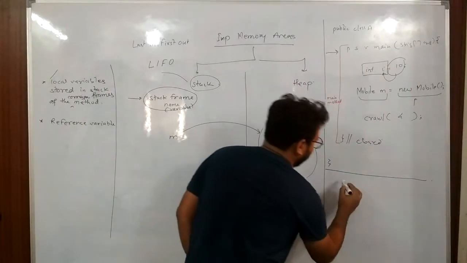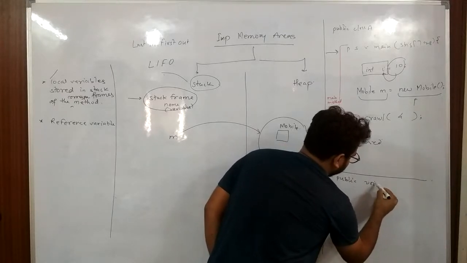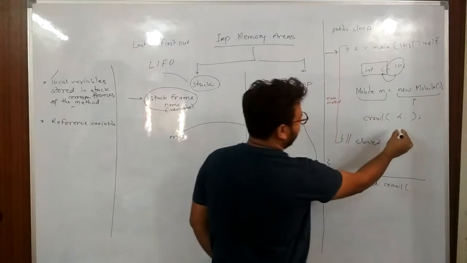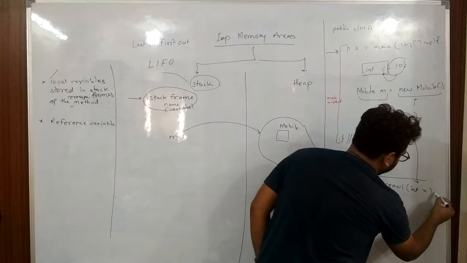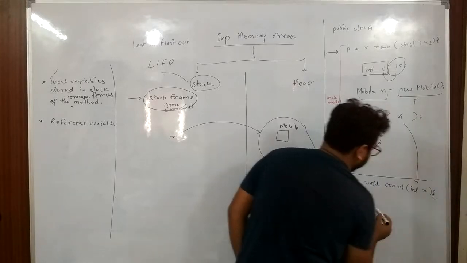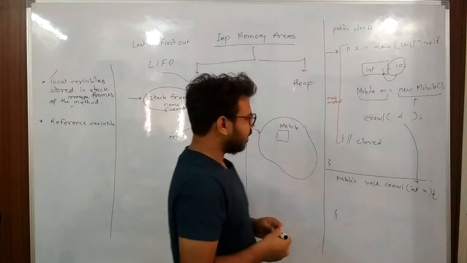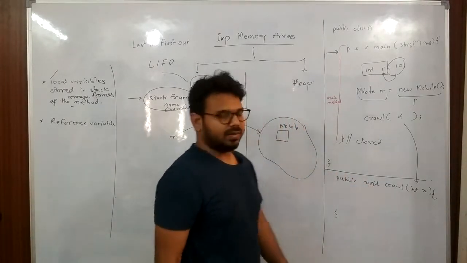Let us suppose our crawl method is public void crawl, and since we are passing a parameter, it should receive a parameter. Suppose it is an integer value, int x, and we open the curly brace and close the curly brace.